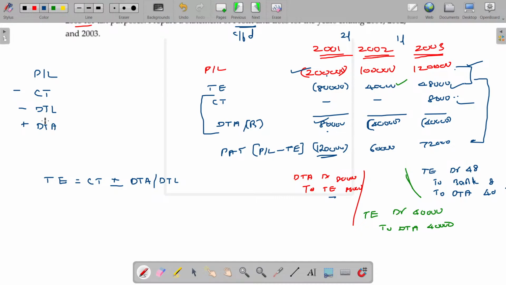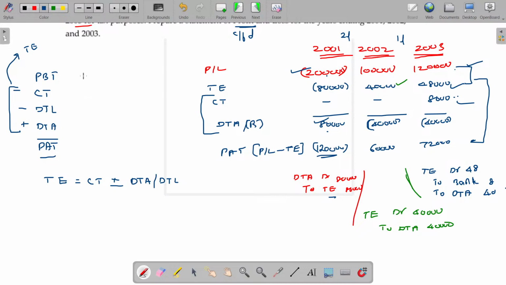This is the order to find out the profit and loss after tax. I start with profit before tax and end with the PAT by doing this. This is nothing but tax expenses.